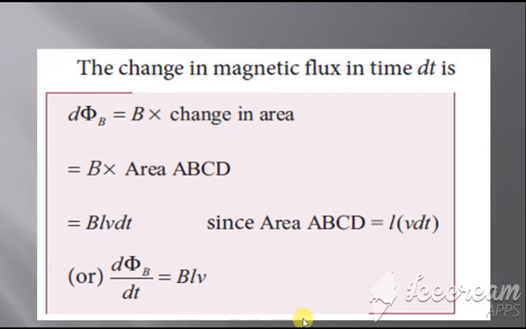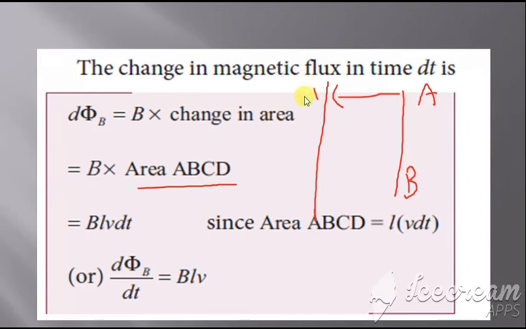Now this change in area can be written as the area ABCD, because from the point AB it is moved to the other point, which is DC. So we write this change as ABCD.